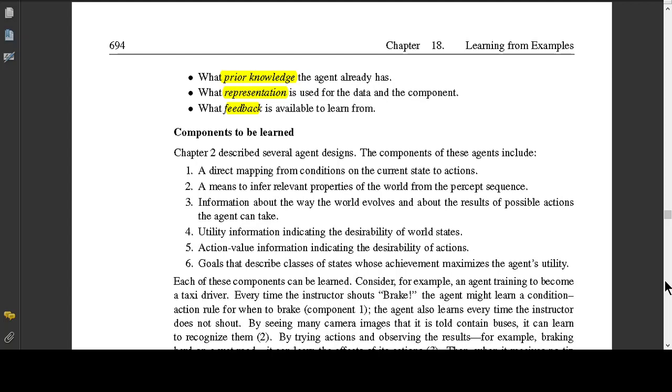The components to be learned include, first, a direct mapping from conditions on the current state to actions, and a means to infer relevant properties of the world from the percept sequence.